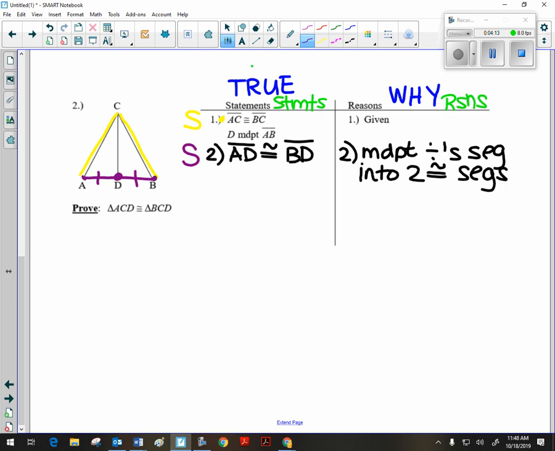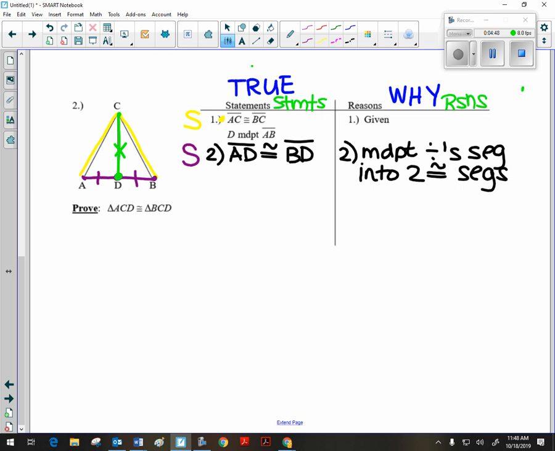So when I have run out of givens, in other words, I've used the givens and there's nothing else there, that means I turn my attention to my picture because there must be something in the picture that I can use. So when I look at my picture for things that are congruent to each other, one of the things that I notice is that this segment CD, congruent to CD, is reflexive. In other words, if I was to split this picture into 2 triangles, there would really be 2 segments called CD, one segment in the left triangle and one segment in the right triangle.